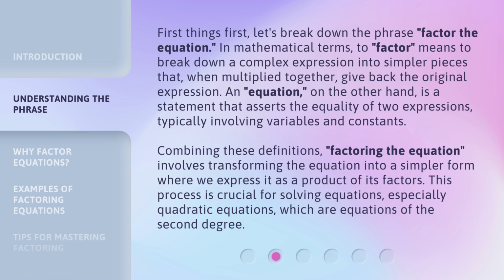Combining these definitions, factoring the equation involves transforming the equation into a simpler form where we express it as a product of its factors. This process is crucial for solving equations, especially quadratic equations, which are equations of the second degree.